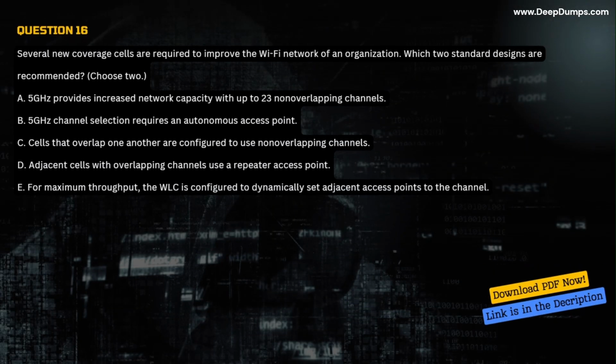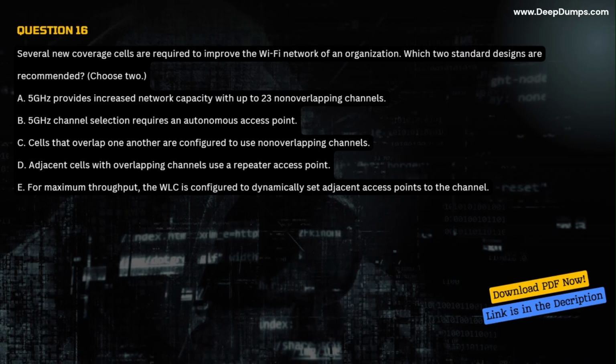Question 16. Several new coverage cells are required to improve the Wi-Fi network of an organization. Which two standard designs are recommended? Choose two. A. 5 GHz provides increased network capacity with up to 23 non-overlapping channels. B. 5 GHz channel selection requires an autonomous access point.